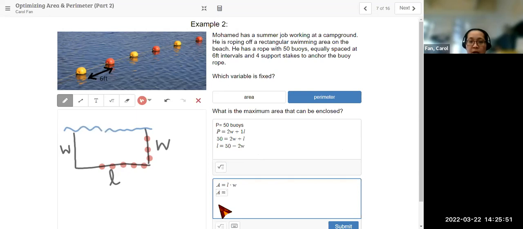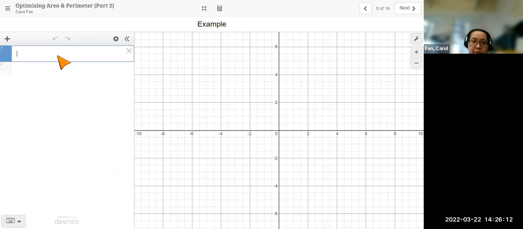Okay, our area is now 50 minus 2W times W. Okay, I need to find the maximum area. So I'm probably going to have a graph that's going to give us the maximum. Let's go over to the next page to use our graph.